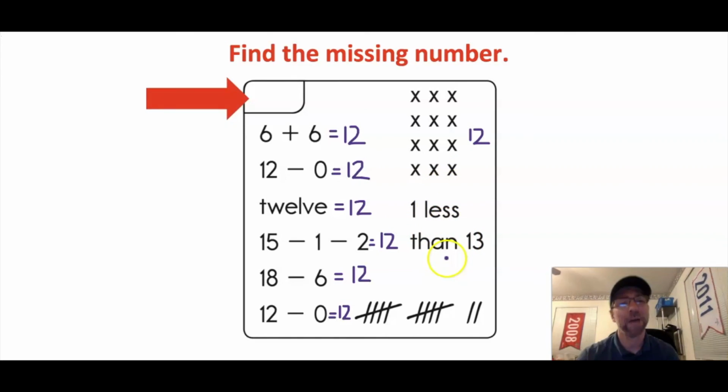Well, the number that comes before 13. 12. And 5, 10, 11, 12 tally marks. So this name collection box is definitely the number 12.